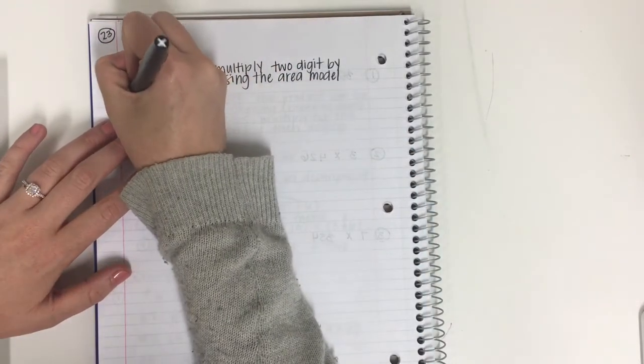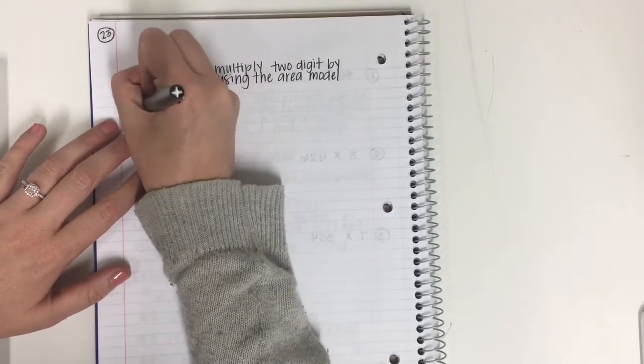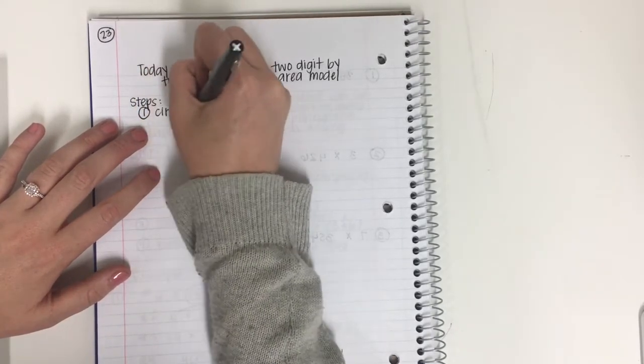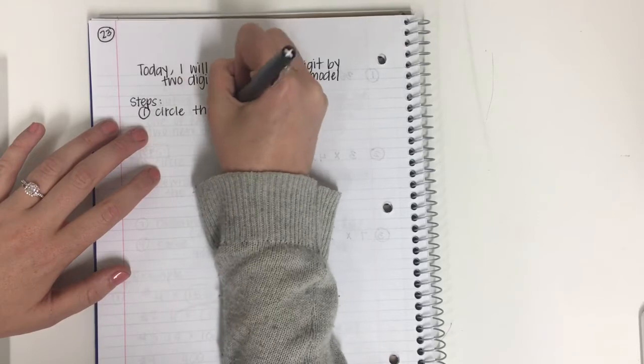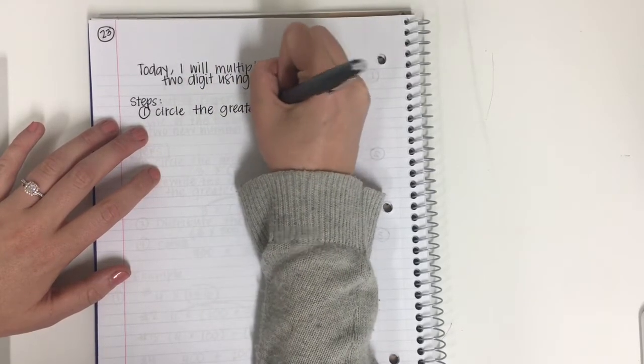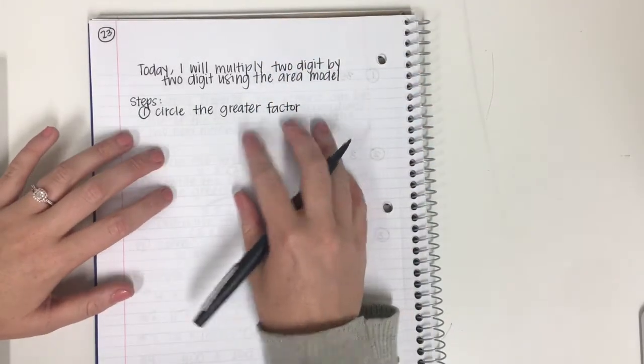So step 1. We're still going to circle the greater factor. However, they're going to be kind of in the same place value.